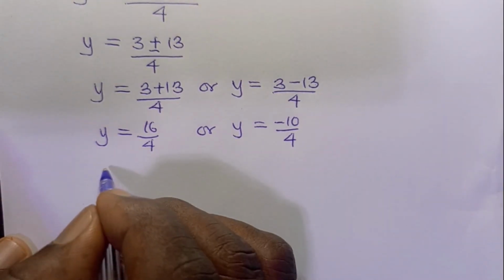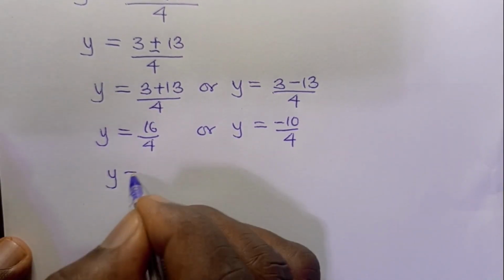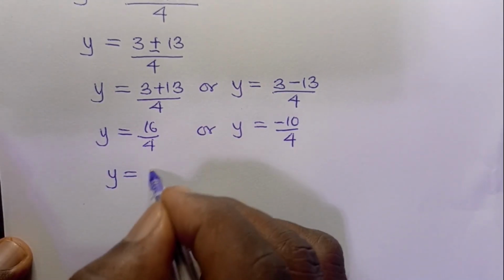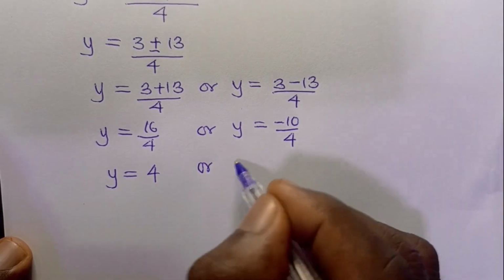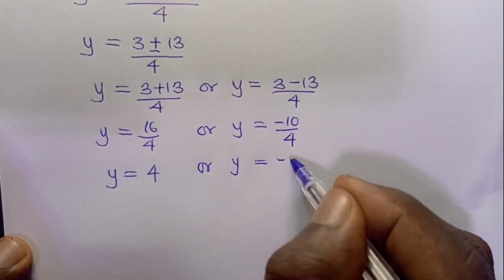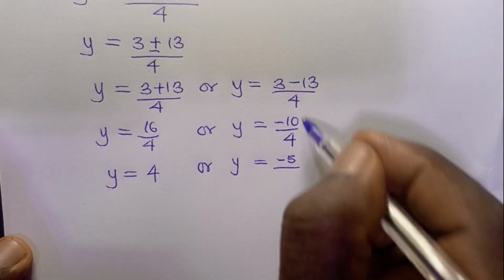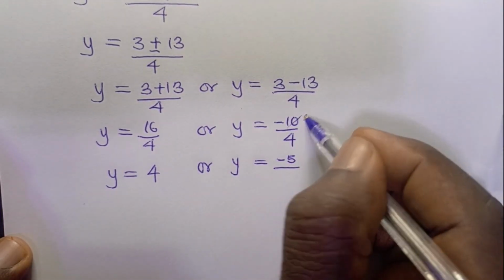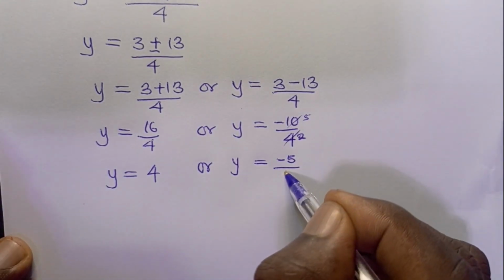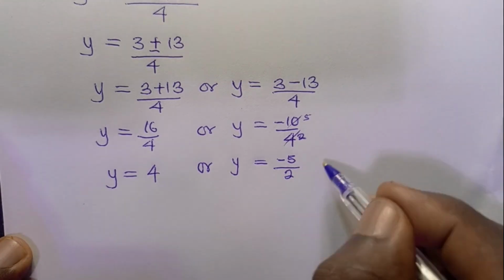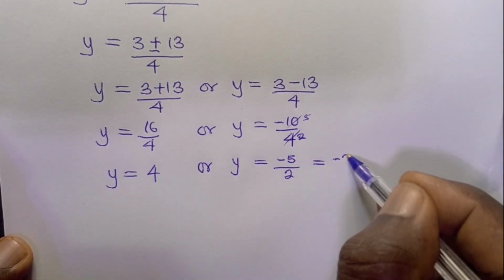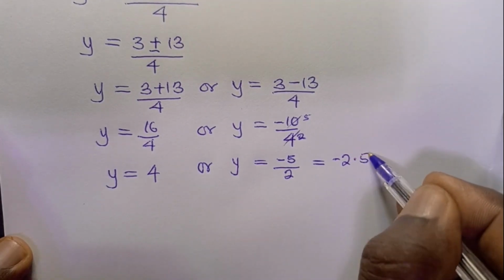So we have y equals 16 divided by 4, which gives us 4, or y equals −10 over 4, which is −5 over 2, equivalent to −2.5.